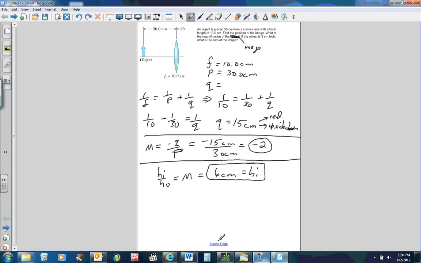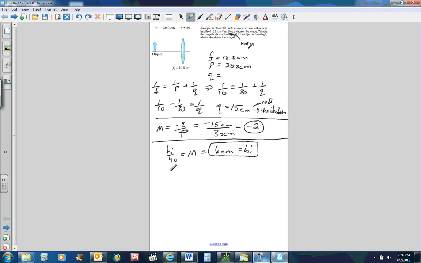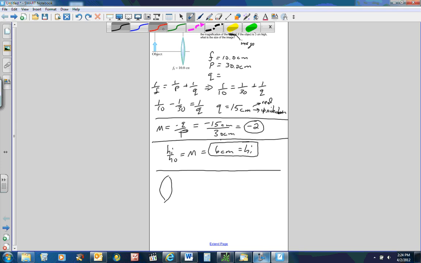And let's just talk about a few more things here. Of course, we have different kinds of lenses. We have a converging lens, which is a convex lens. And what that means is that light coming in parallel like this converges to one point that we call the focal point.